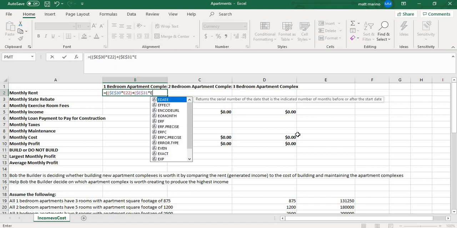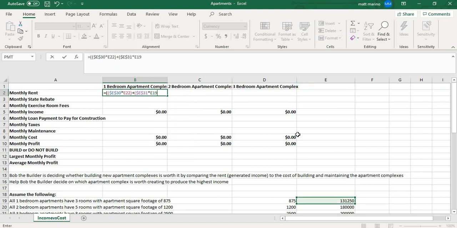We multiply this by E19, which is our square footage for this particular apartment. We then need to multiply that by D22, which is our number of apartments.